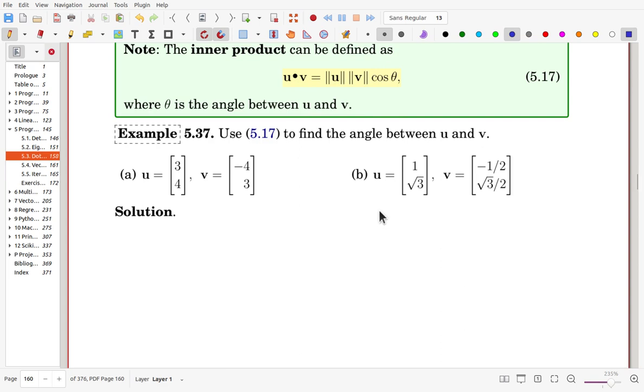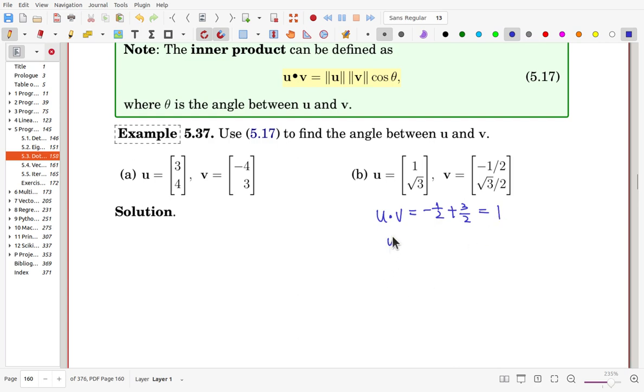Okay, start with U dot V. That is the corresponding entries multiplied: this multiplication gives minus 1/2, and this multiplication gives 3/2, and the sum makes 1.